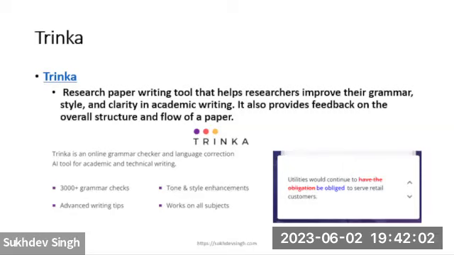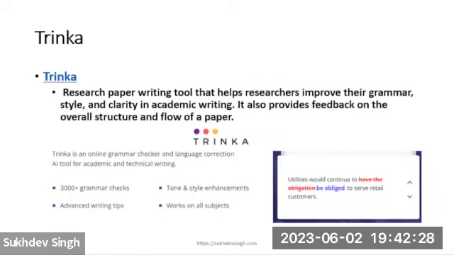One is Trinka. While you're writing, or after you have written a text, it will keep on suggesting that you don't use this term, use this term, this is the verb, this is the noun, this is how it should be given, and all those things. It will have red marks, and then it will have the suggested text which can be given.